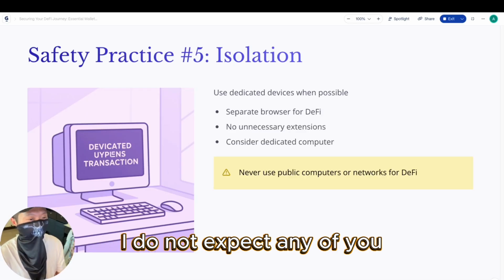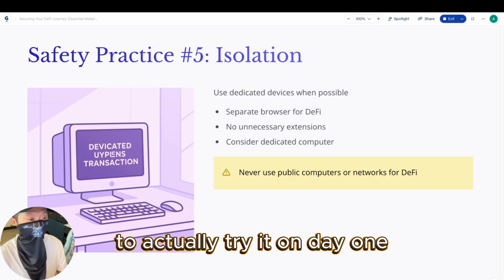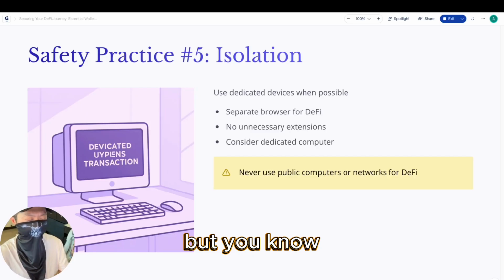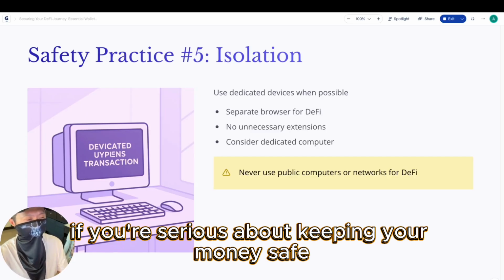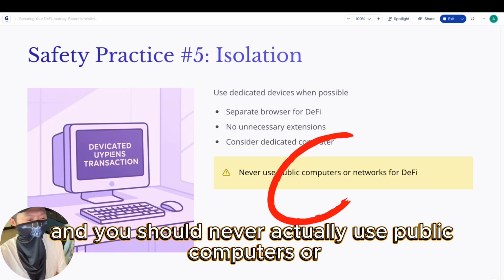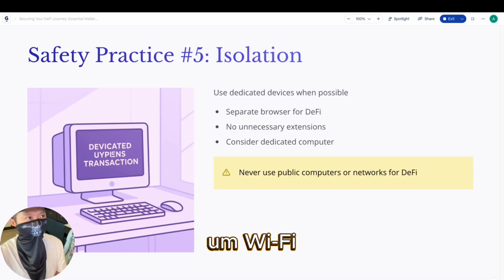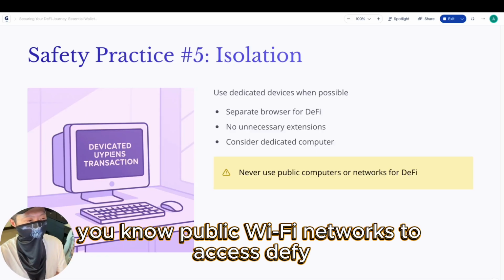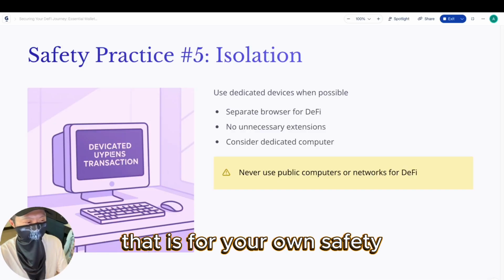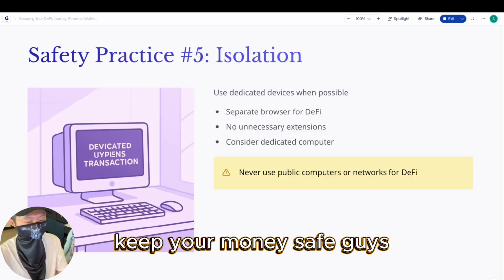I do not expect any of you to actually try it on day one, but if you're serious about keeping your money safe, you should do it. And you should never use public computers or public Wi-Fi networks to access DeFi. That is for your own safety. Keep your money safe, guys.